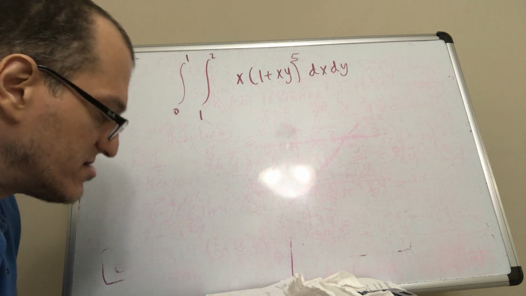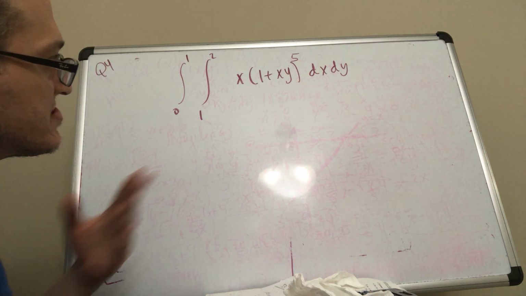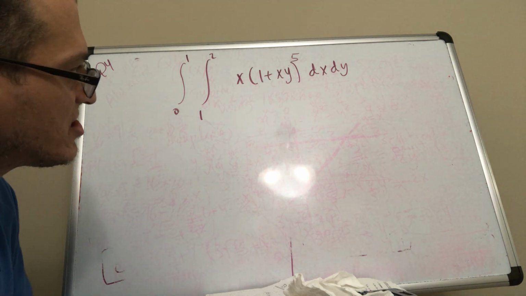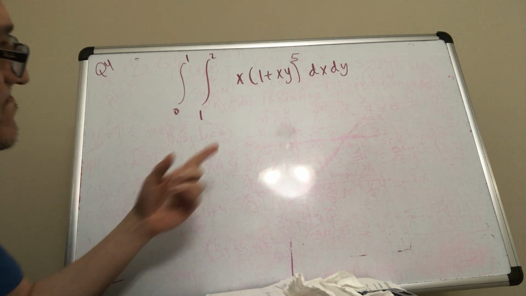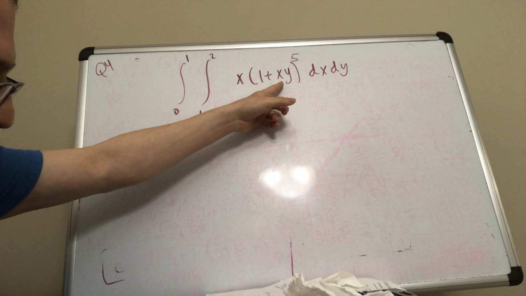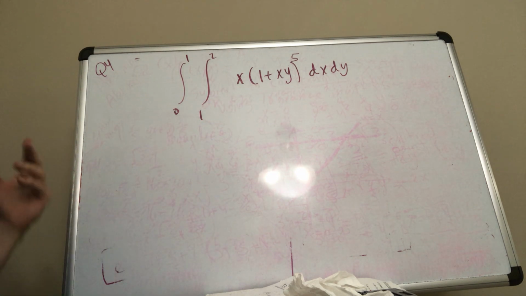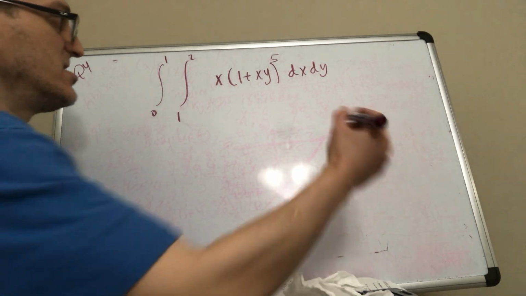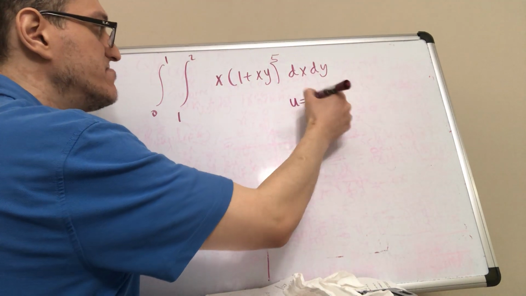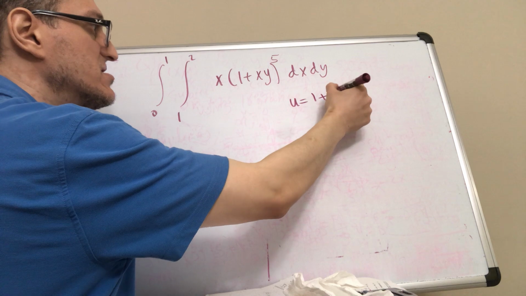Okay. To do the dx, the integral of this is a little bit complicated because you have x inside and you have x outside, so we have to do u sub. I'm going to let u be 1 plus xy.